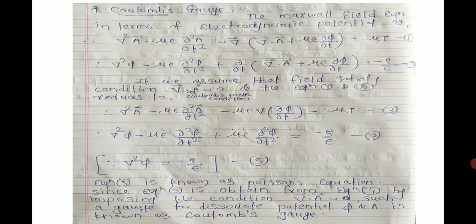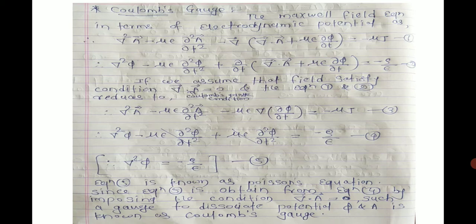Then del square phi minus mu epsilon d square phi by dt square plus d by dt in bracket del dot A plus mu epsilon dphi by dt is equal to minus rho divided by epsilon. This is equation number 2. These two equations are two inhomogeneous wave equations in terms of electrodynamic potentials, also known as the Maxwell field equations.